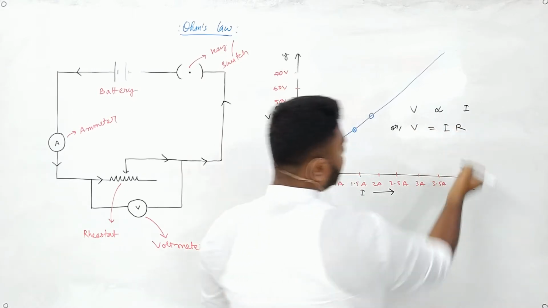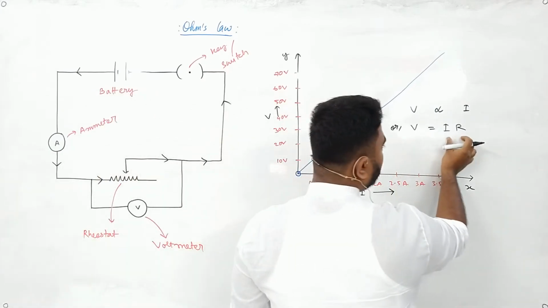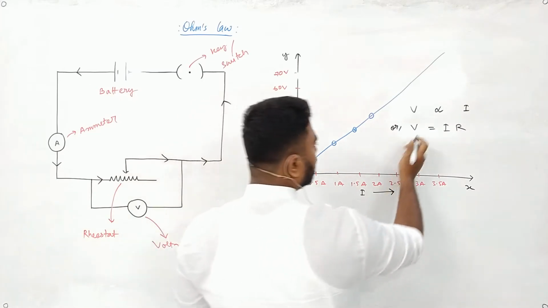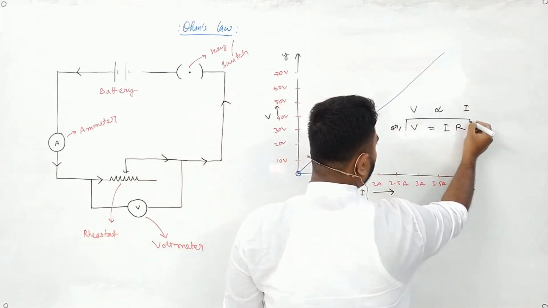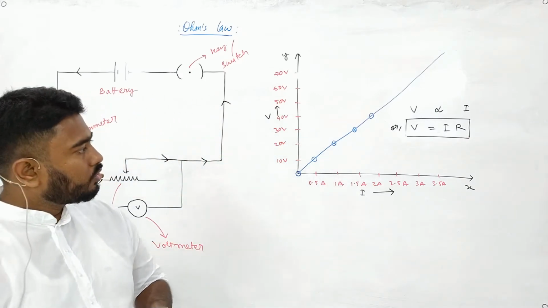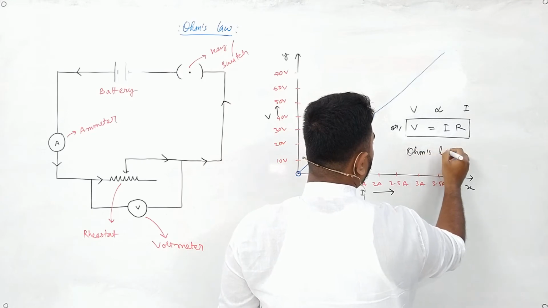So V will be equal to I times R. So if V equals IR, then this law is known as Ohm's law.